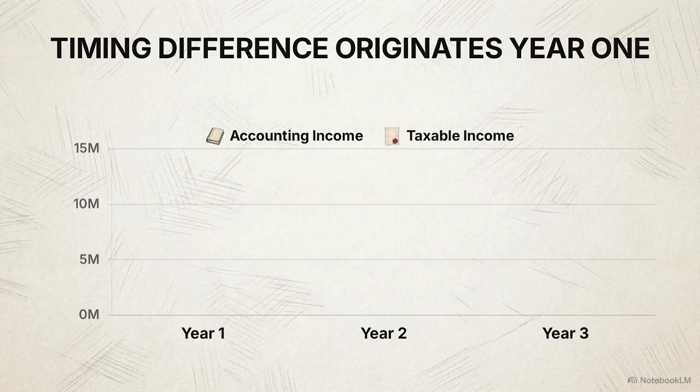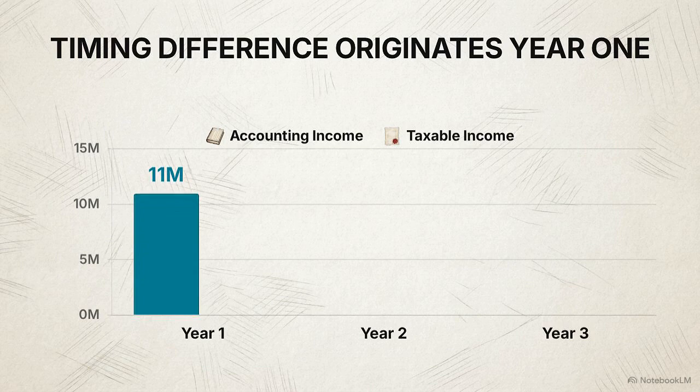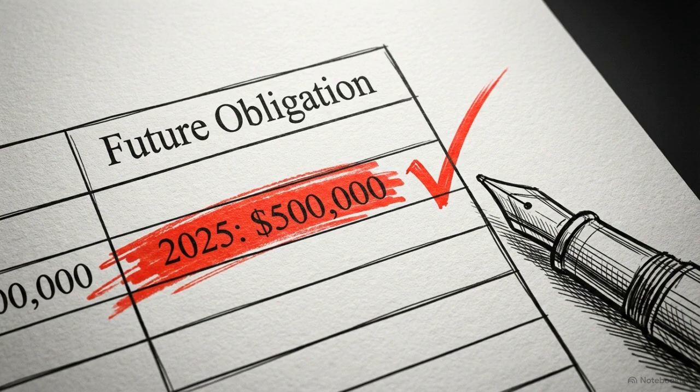This chart shows a 3-year comparison of Omega's income. In year 1, Omega reports $11 million in accounting income, but the tax code only recognizes $7 million. This creates a $4 million timing difference. Because Omega pays less tax today, but that tax will eventually be due, applying an enacted 35% tax rate to the $4 million gap creates a deferred tax liability of $1.4 million.